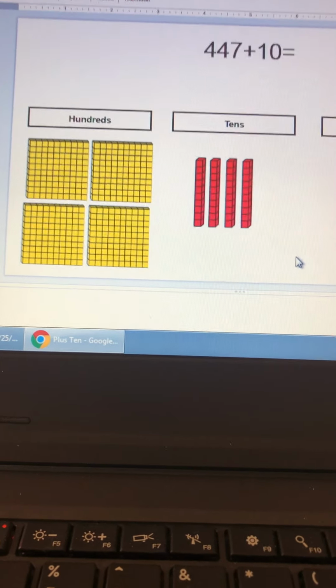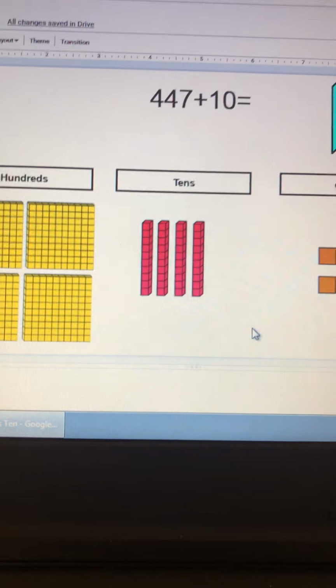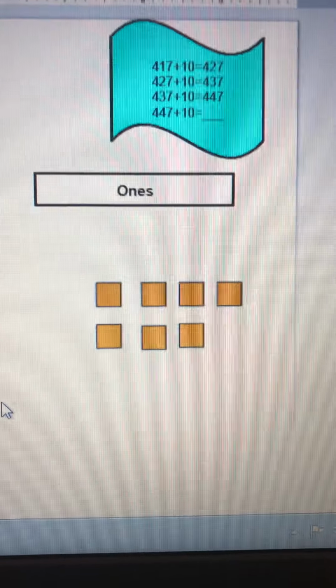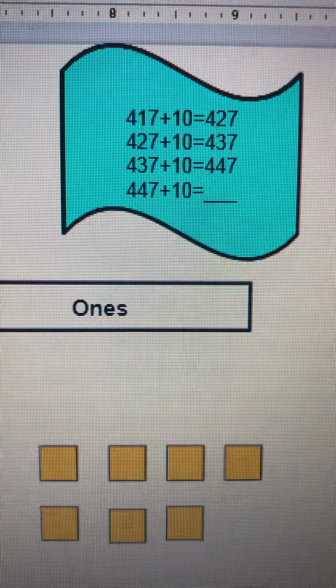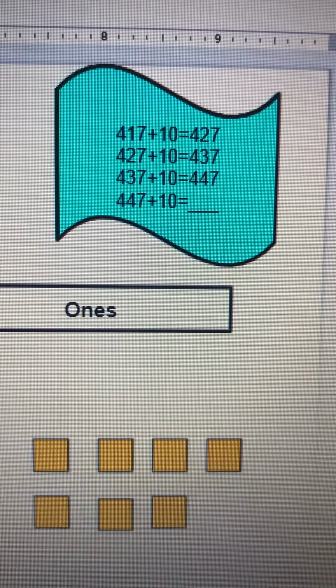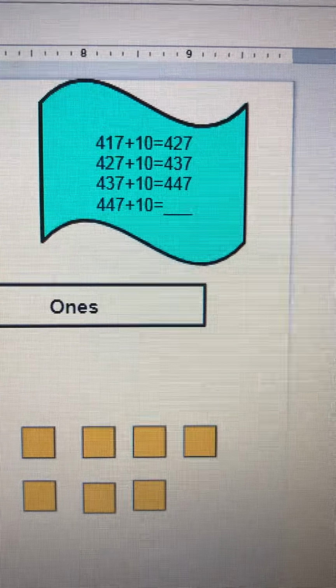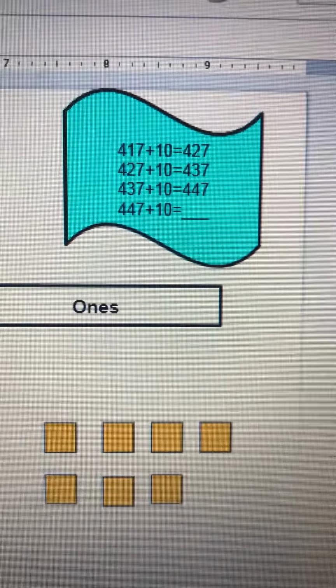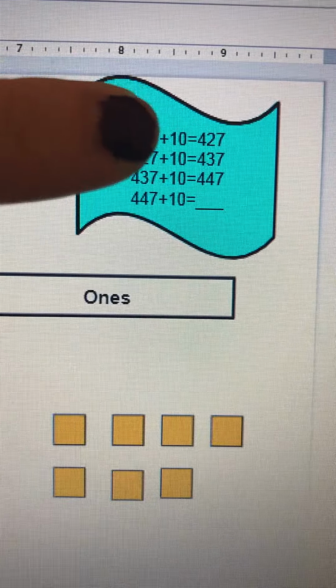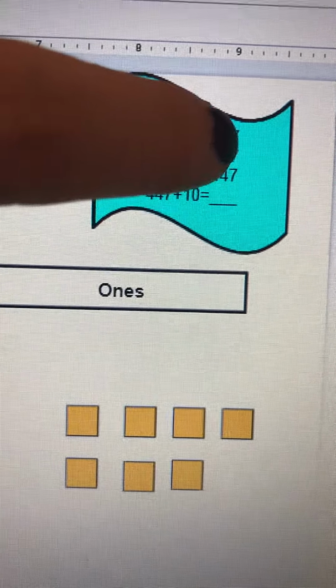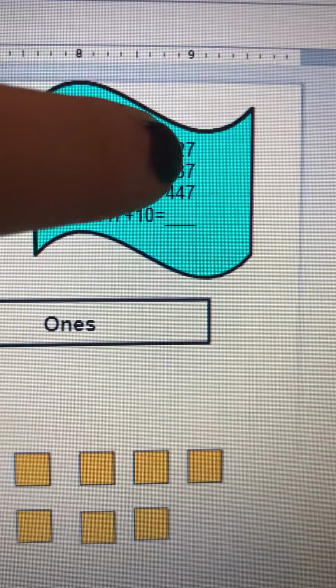All right. Before we figure out 447 plus 10, let's look at what we've done so far. Notice my pattern. Remember we said when adding a 10, my ones place value stays the same. So in this case, it's staying as a 7, right?